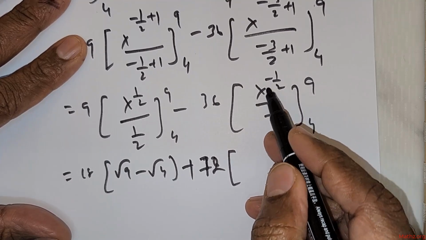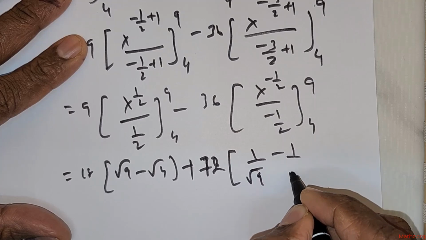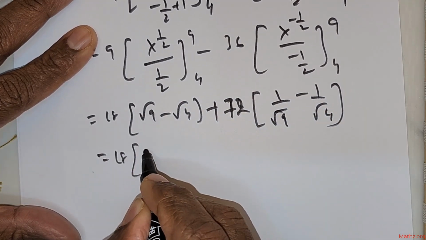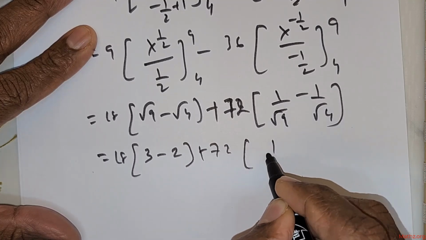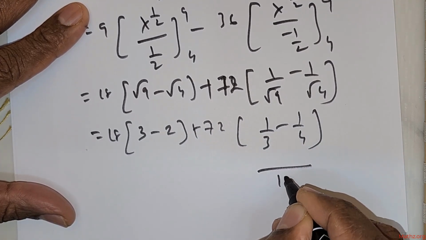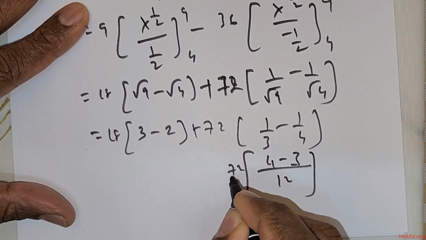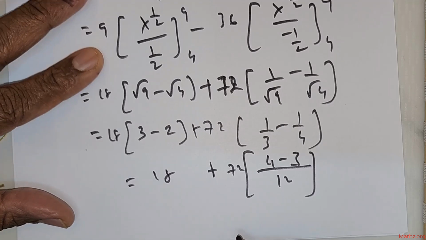And this is a negative exponent, so it's going to be 1 over root 9 negative 1 over root 4. Now root 9 is 3, root 4 is 2, 72 times 1 over 3 negative 1 over 4. Now you take the LCM as 12, you get 4 negative 3, and you have a 72 there. 3 negative 2 is 1, you have an 18 there.